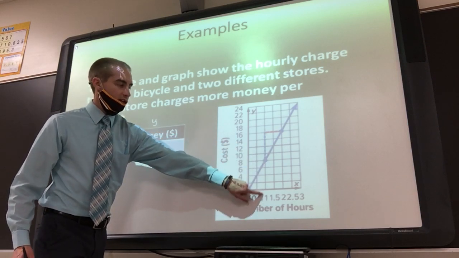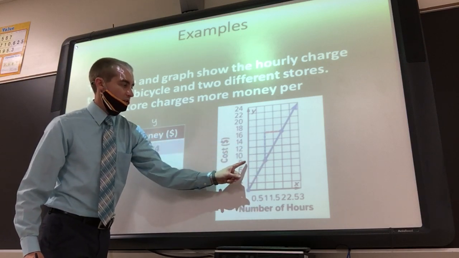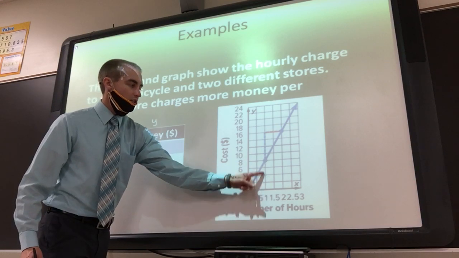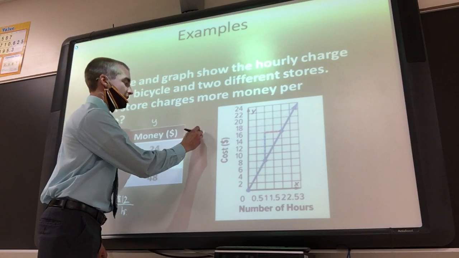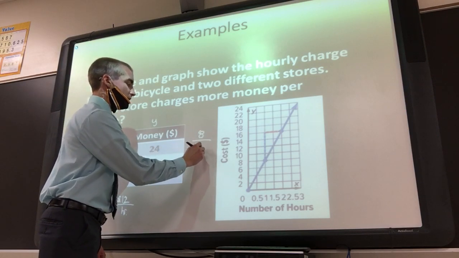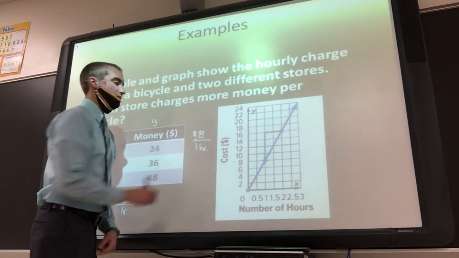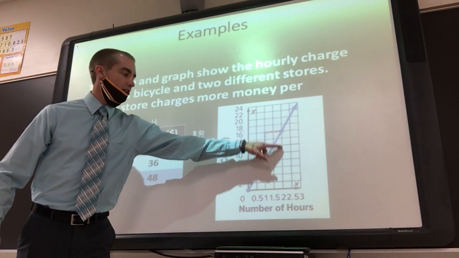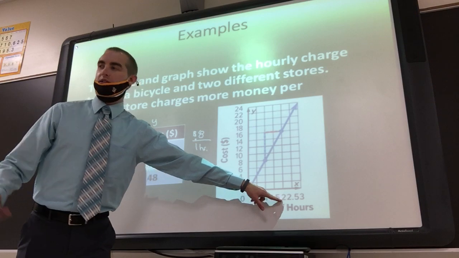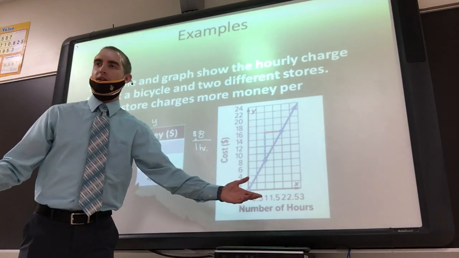It's 1. Yeah, it's kind of hard to see because they're so close together, but notice it's not 8 and 2. You need to go to the x-axis and see that it's 8 and 1. And so the graph would be $8 in 1 hour. And just to check to make sure we did that right, if you go up to 16, it's 16 and 2. And 16 divided by 2 would be 8.